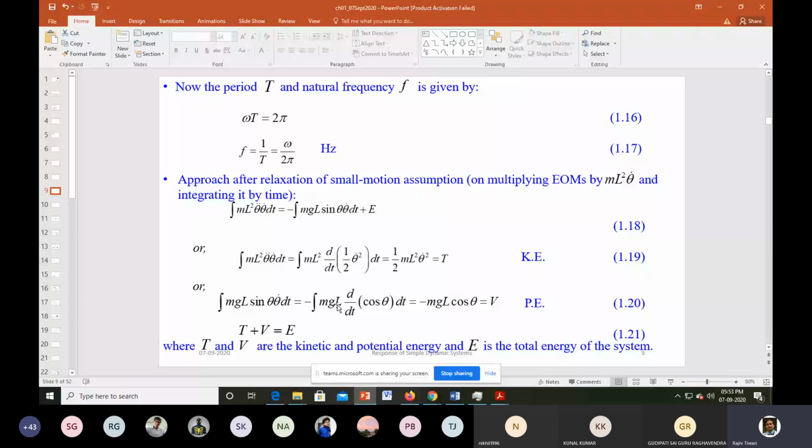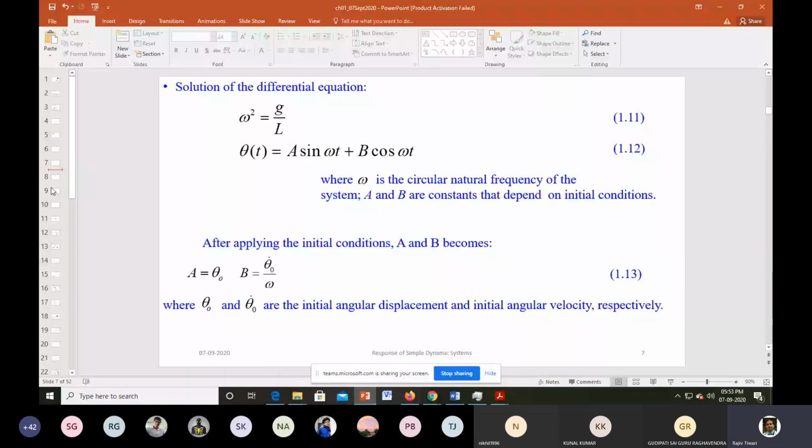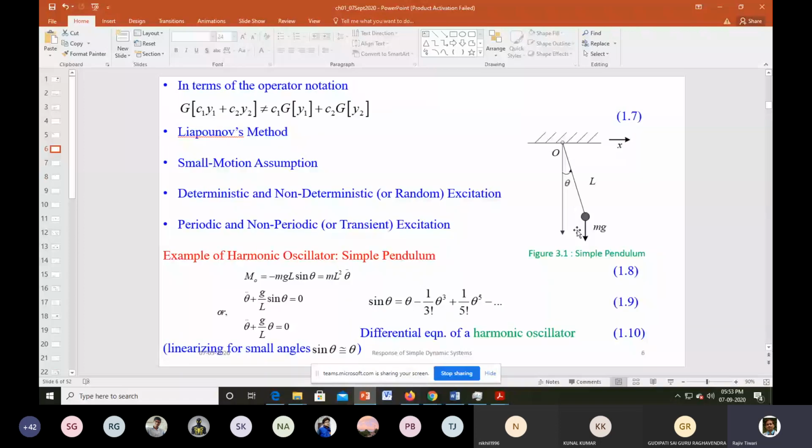And mgl cos theta is nothing but the potential energy of the system. In due course I will explain how, and I can explain here also. Initially the pendulum will be somewhere here when it is not oscillating, so how much it got lifted up is that expression.